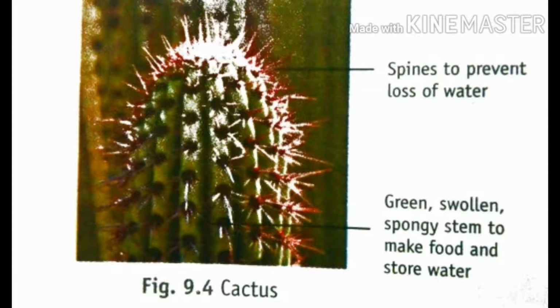First we'll see adaptation for desert habitats. We know that in the desert there is a scarcity of water and the climate is too hot and dry. Some living organisms have adapted to live in such hot and dry conditions.